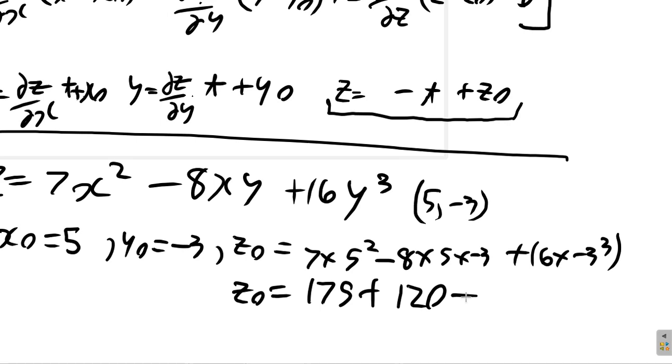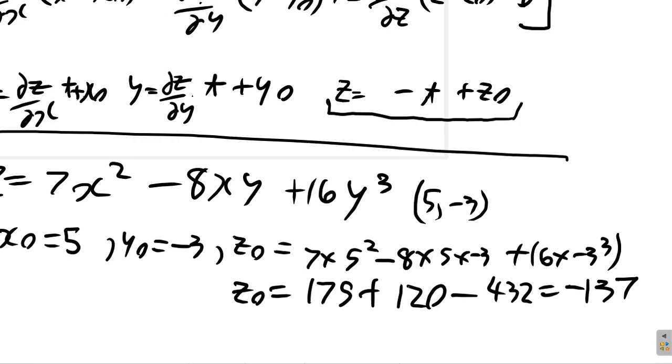So this is 3 3s 9, 9 3s 27 times 16, 432. So a negative 432 plus 120 plus 175 gives me negative 137. So that's negative 137 there. Alright, so you see that.